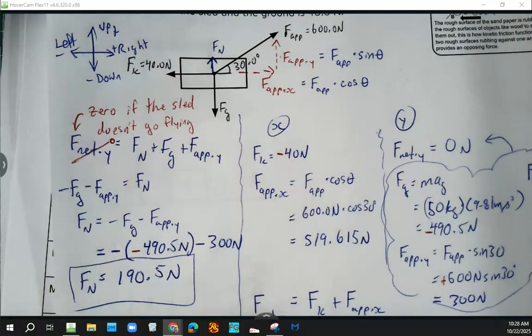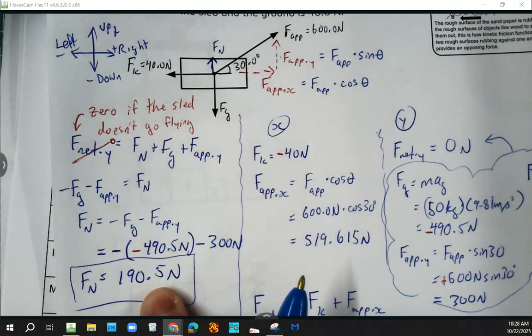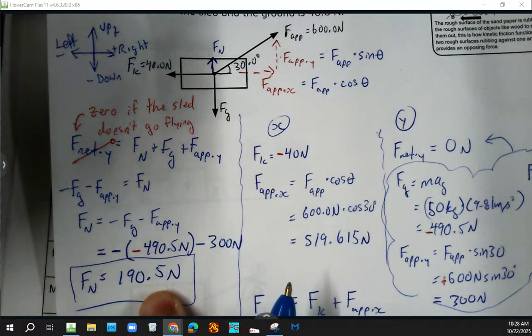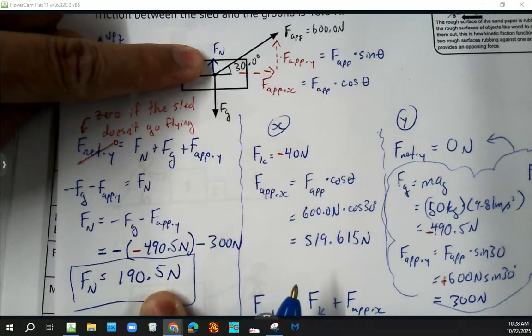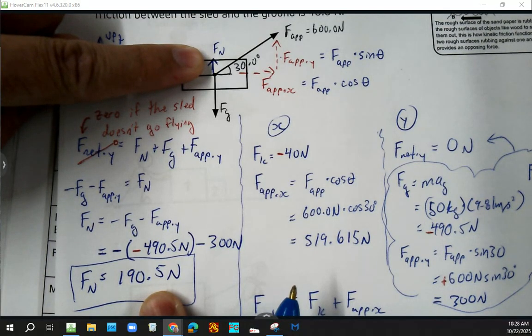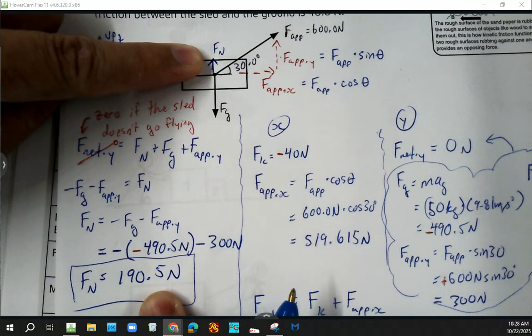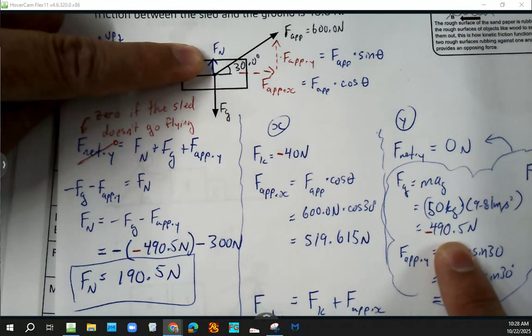Something I want to notice about this, and yes, this would be useful later on for when we calculate friction, but I want to draw attention to our free body diagram. Can you see that the normal force is 190.5 newtons, which is definitely less than what gravity was? We've reduced the normal force. We've taken the pressure off, if you like.